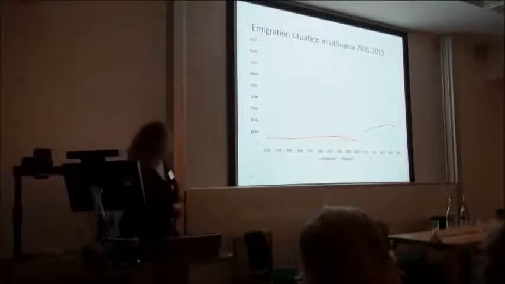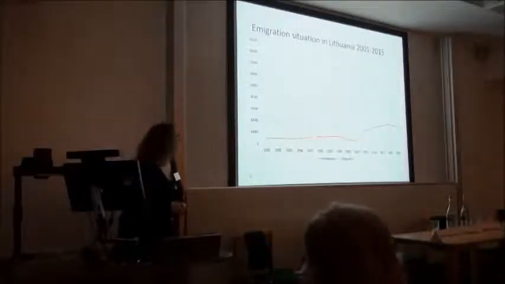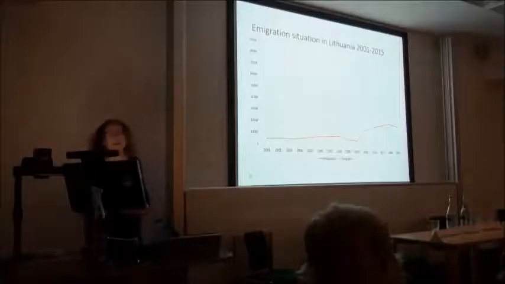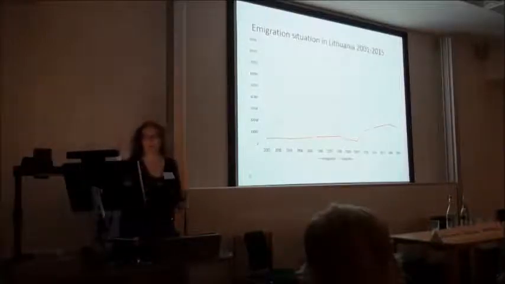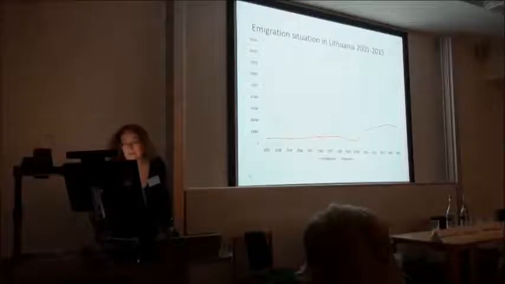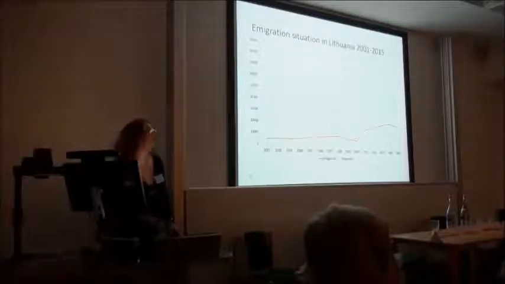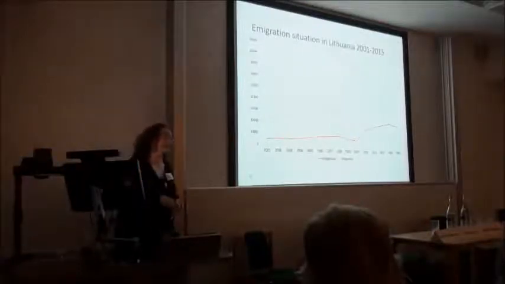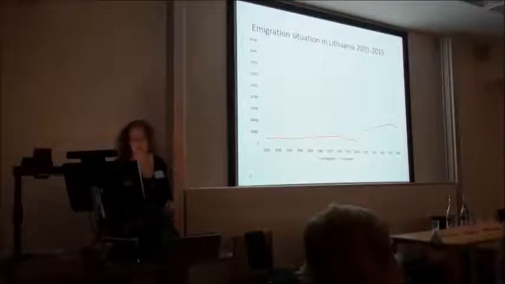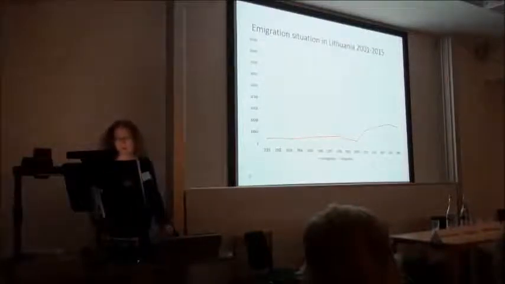To get an image of the emigration situation, you can see that it has some ups and downs. The first one is related, similarly to Latvia, to joining the European Union.